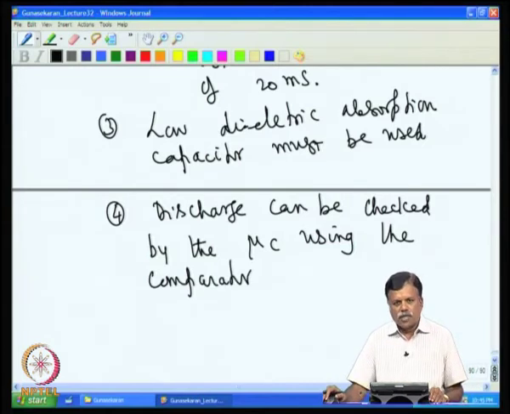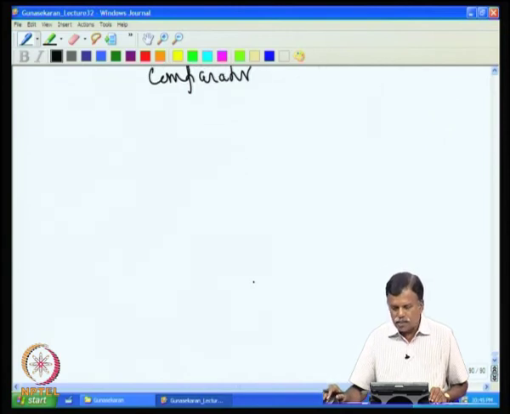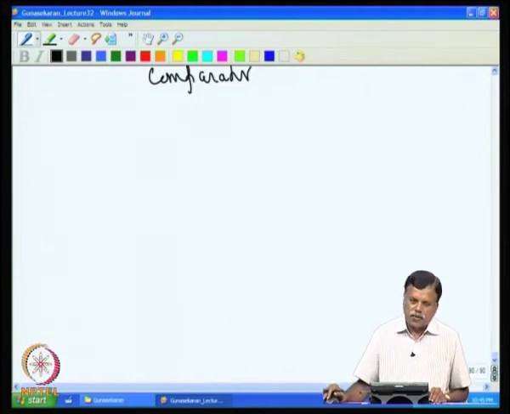So, this is a dual slope A to D converter, which is actually good, because the noise rejection is inherently there, and the converter by itself is very simple, but the drawback is that it is a very slow process.